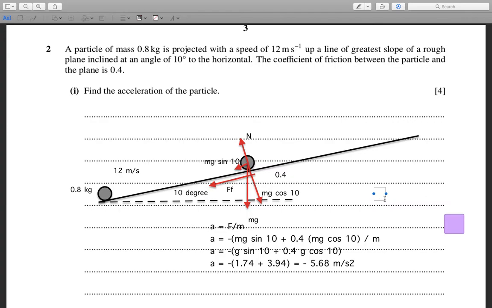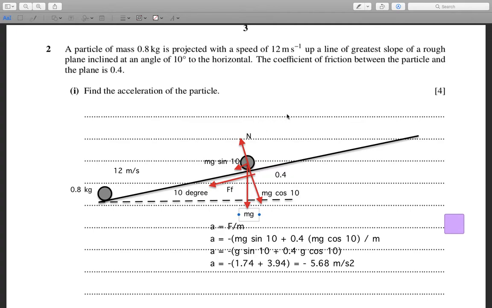Yes, that's the conclusion of this question, I find the acceleration of the particle. Sorry, we actually draw first the forces acting on this particle. Because we don't know about the frictional force, also mg sin.